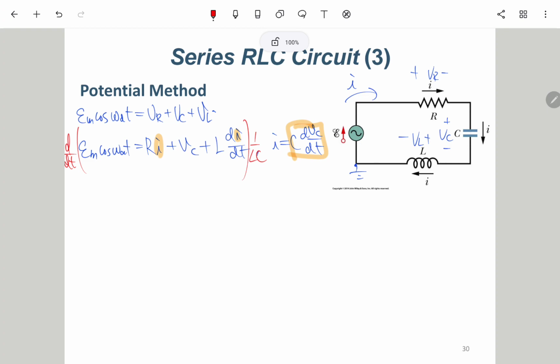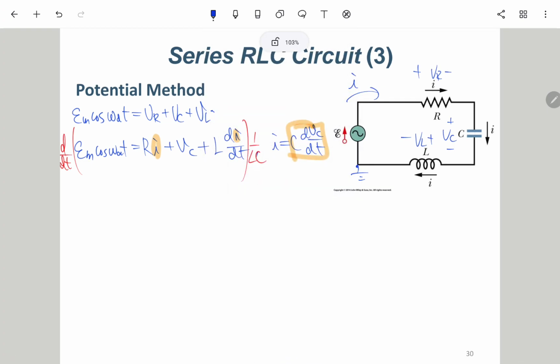Okay, why do we do this? So actually on the left side it becomes EM and then negative sine of omega dt, and then over LC, and then equals R over LC, and then di dt.